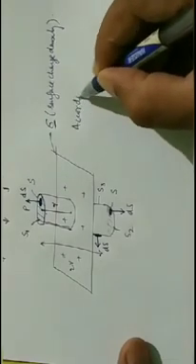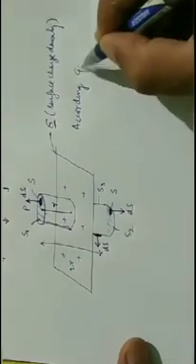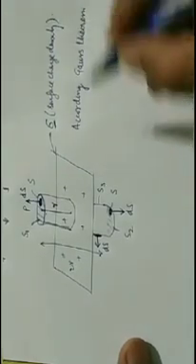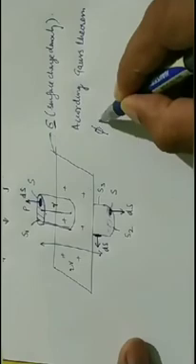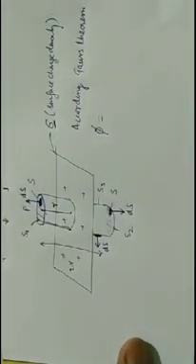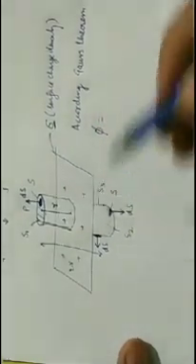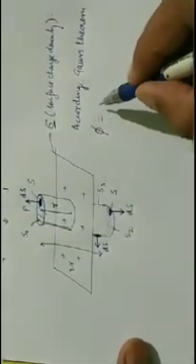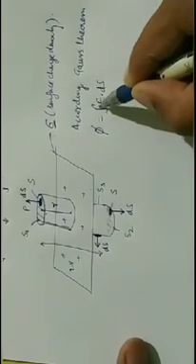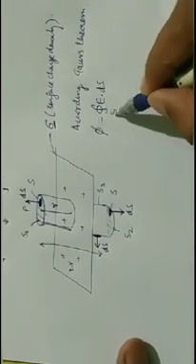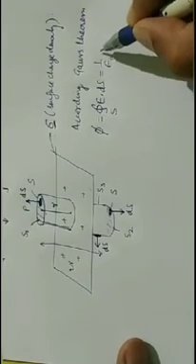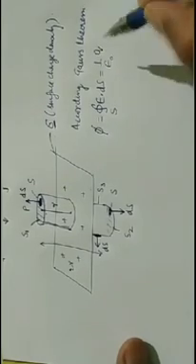According to Gauss theorem, the total flux coming out of this closed cylindrical Gaussian surface, that is the surface integral of E dot ds, is equal to 1 by epsilon naught times the total charge enclosed by it.